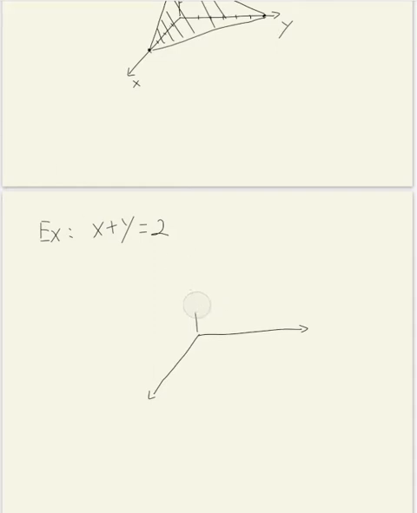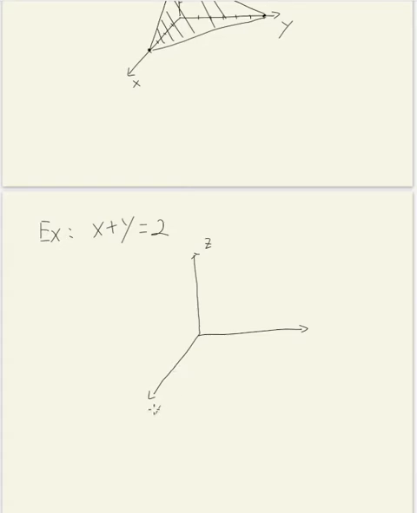So we only look for the intersection with the x-axis and y-axis, and then we just draw a surface that connects these 2 points and is also parallel to the z-axis.